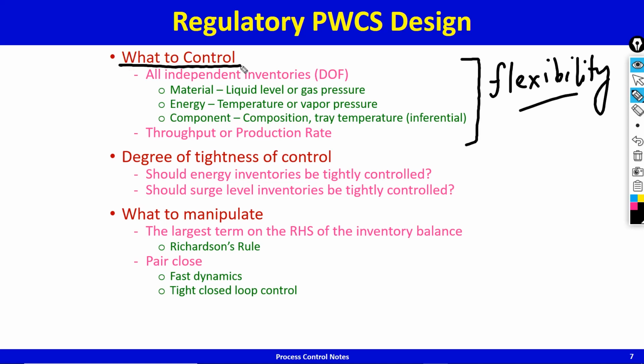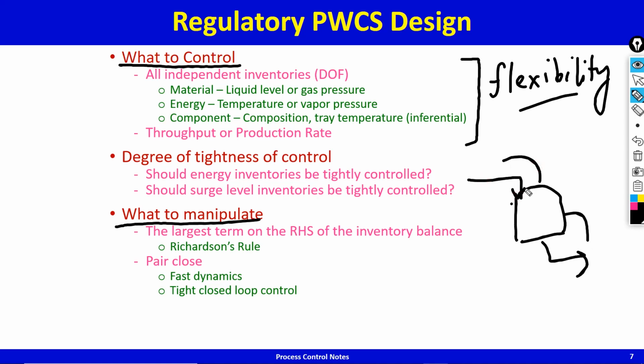And once you've decided what to control, what to manipulate, for example, a simple tank, you can control level this way, or you could control level that way. So there's two combinations right there. So there's a combinatorial flexibility that exists for a given set of controlled variables.